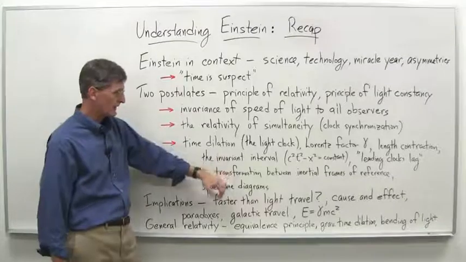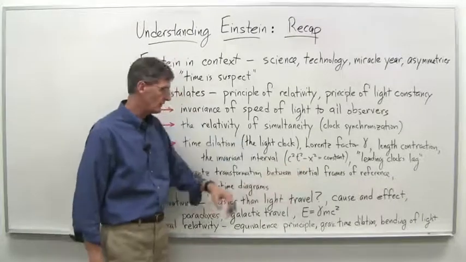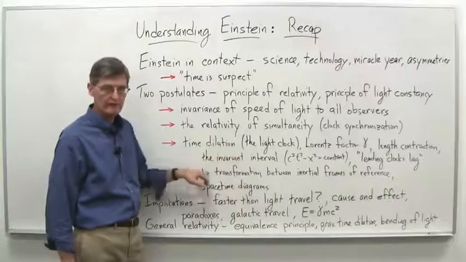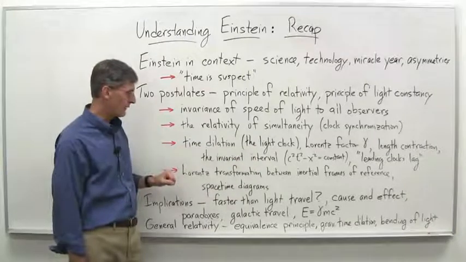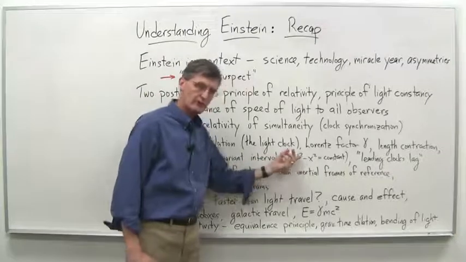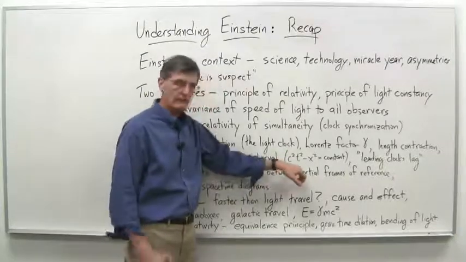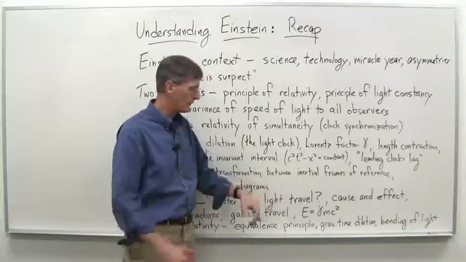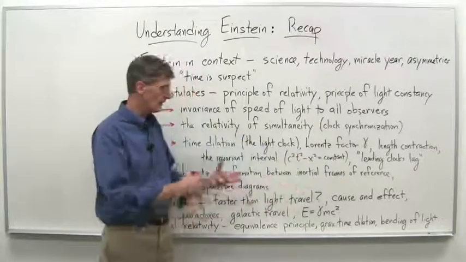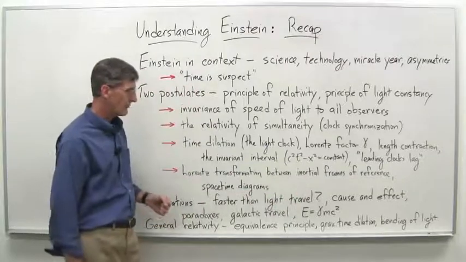The invariant interval, I actually did write down this formula just to remind us. That also came out of an analysis of the light clock thought experiment, and we showed that for all observers, this combination of things from two events in one frame versus another frame, c squared t squared minus x squared, will always be constant, and allows us to do a few calculations with that.